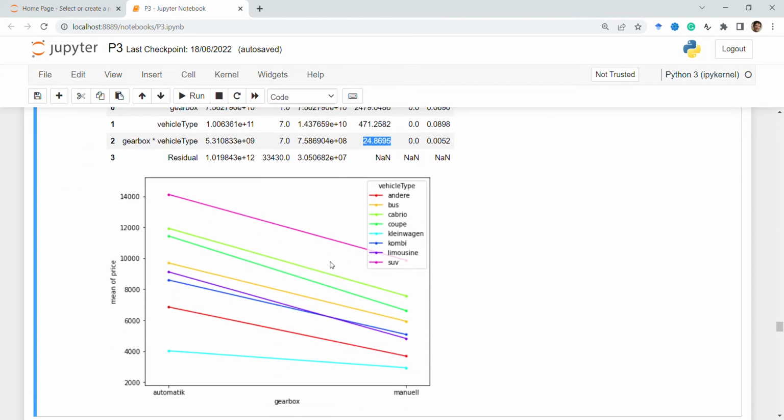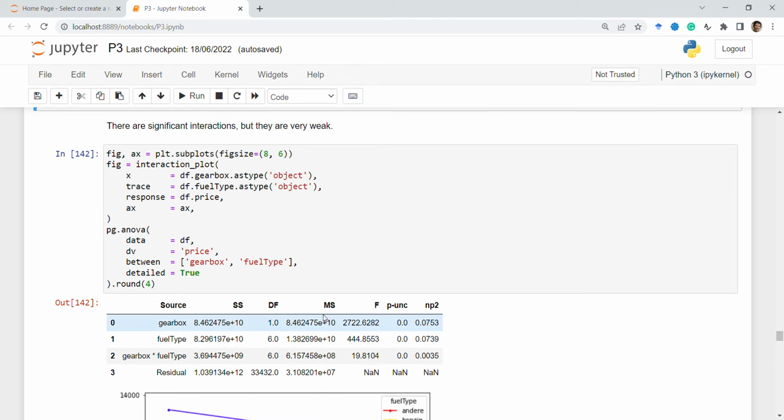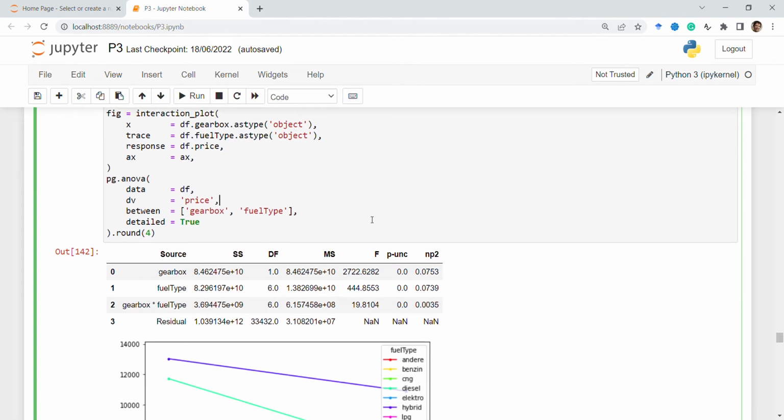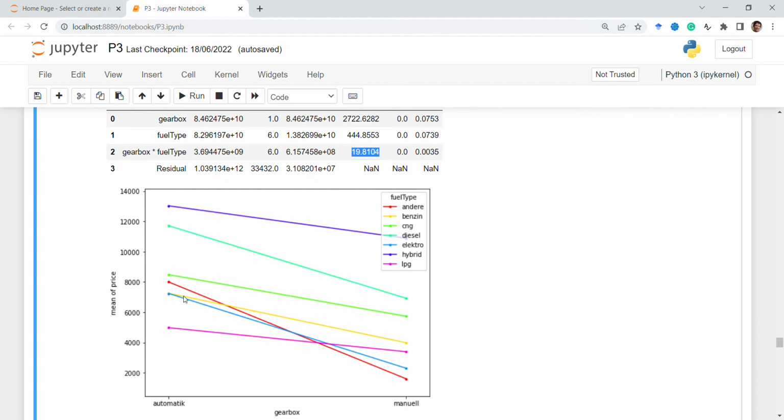So not all the slopes are the same, but the slope doesn't change that dramatically. And let us explore now gearbox and fuel type, and we get the same kind of results. So gearbox very important, fuel type not so much, and the interaction is significant but very weak. And again, we have the same kind of representation here.